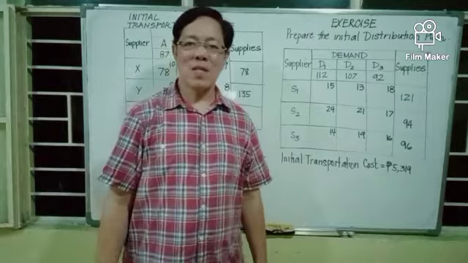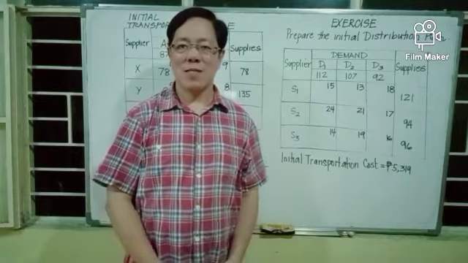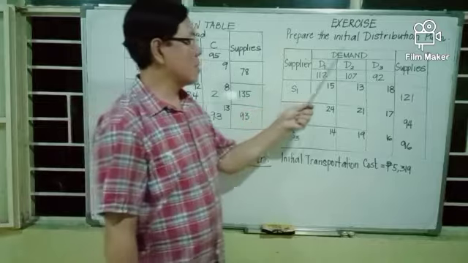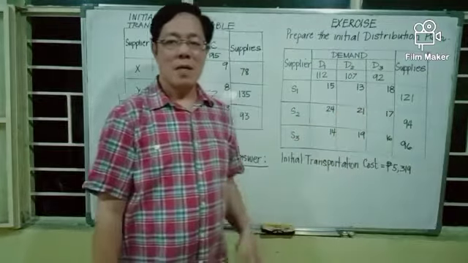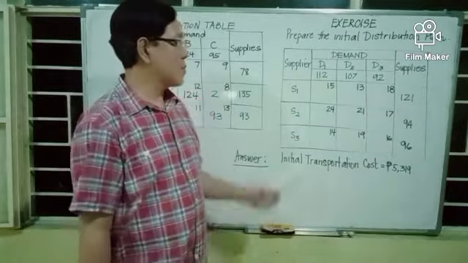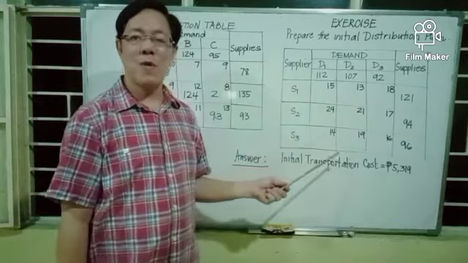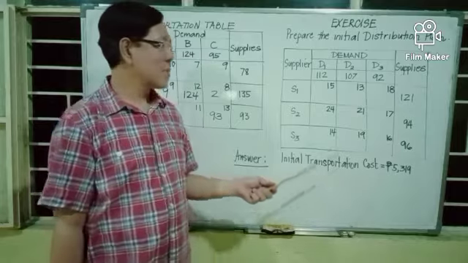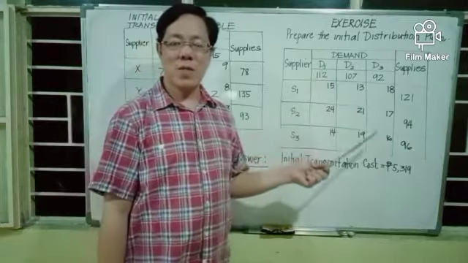For your practice, please try the following exercise. Prepare the initial distribution plan. And that means you have to make the initial distribution from this given transportation table or given transportation problem.